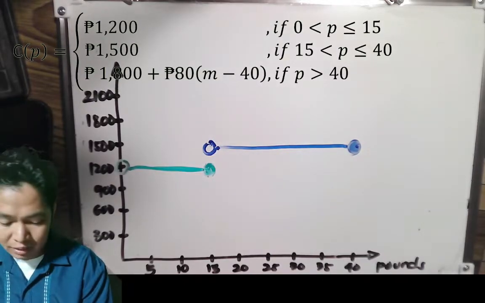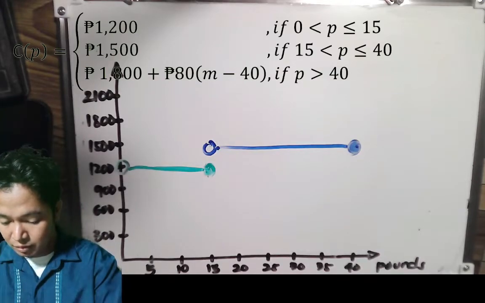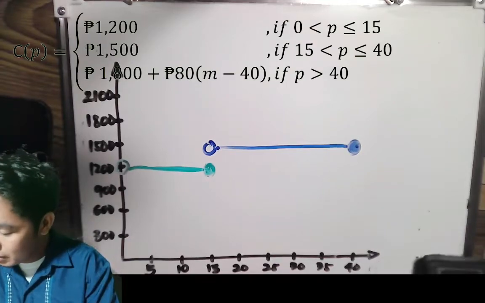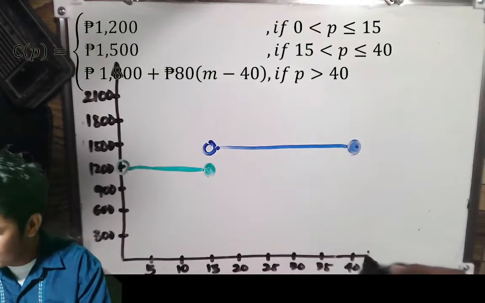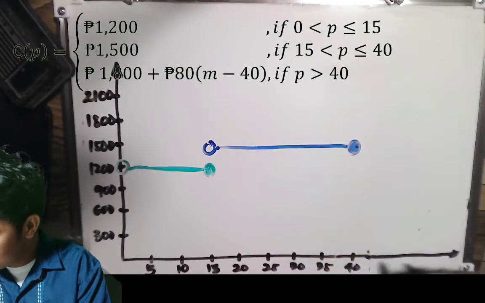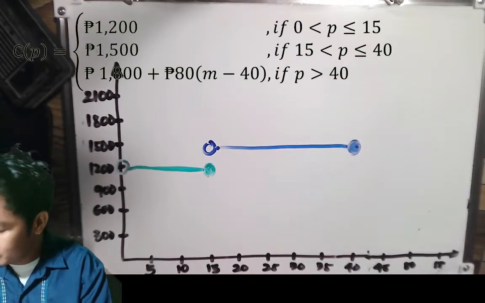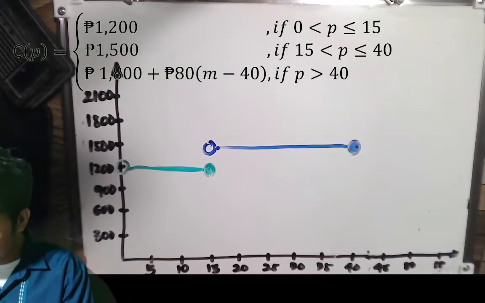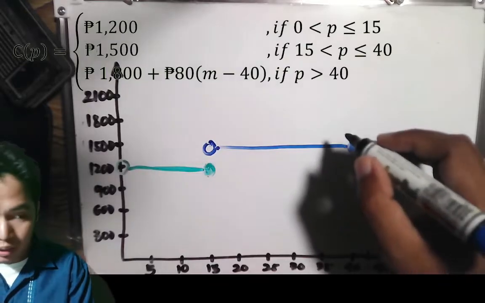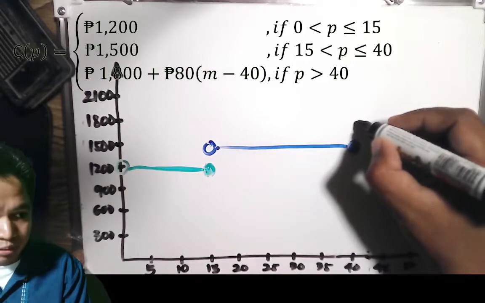Then last is 41. Lagyan na natin dito ng additional line para makita natin. This one is 45, 50, and 55. So what if kung ang ano natin ay 40, so exceeding 40, dito naman ay 1,800.